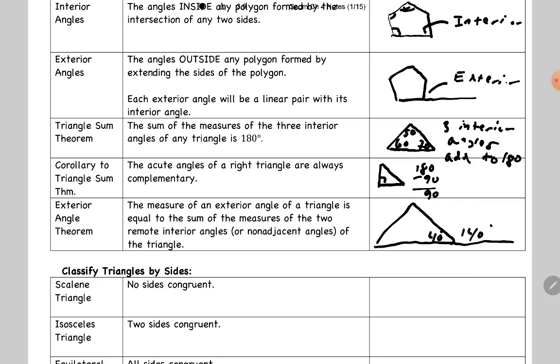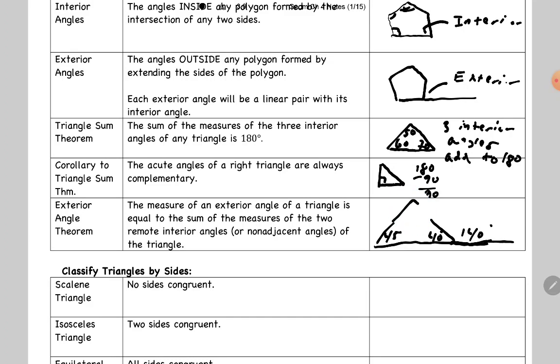well, let's back up a little bit. So this is 140 degrees and this is a straight line. That means this angle has to be 40 because they add to a straight line. And what it's saying is that if this is 45 degrees, then this has to be 95 degrees.